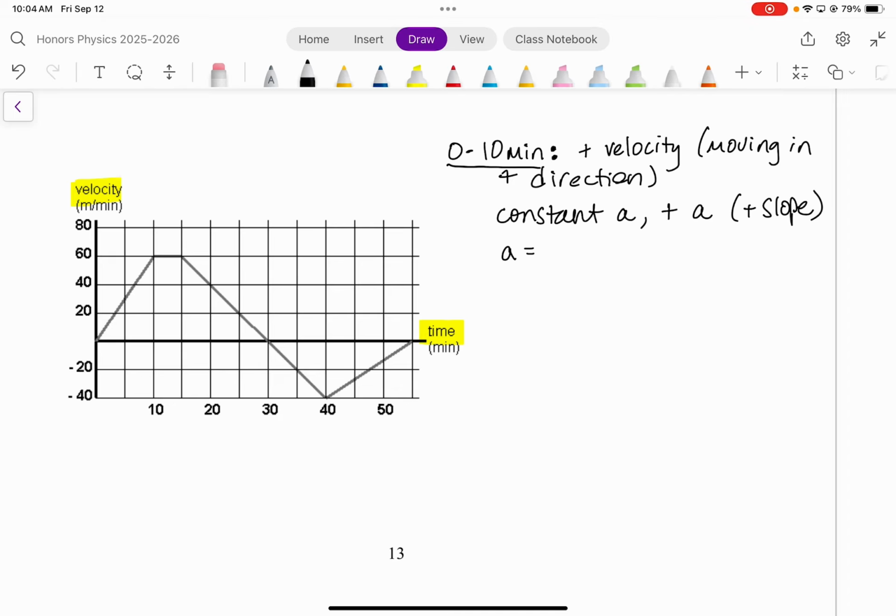Shelby, how would we calculate the slope from 0 to 10 minutes? Y2 minus y1 over x. So what is y2?